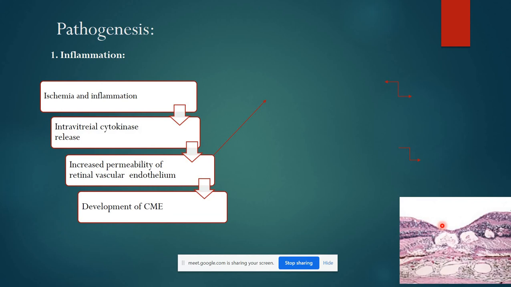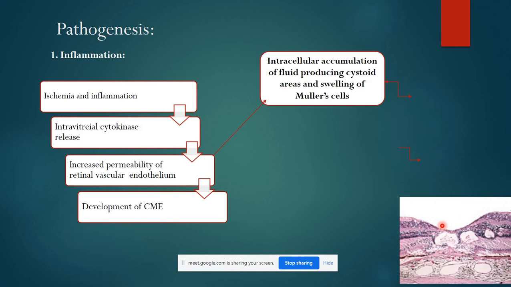Whenever there is a cytokine release, it increases the permeability of the endothelium in the retinal vessels. That is what leads to the development of DME, the increase in permeability of the endothelium in the retinal blood vessels.